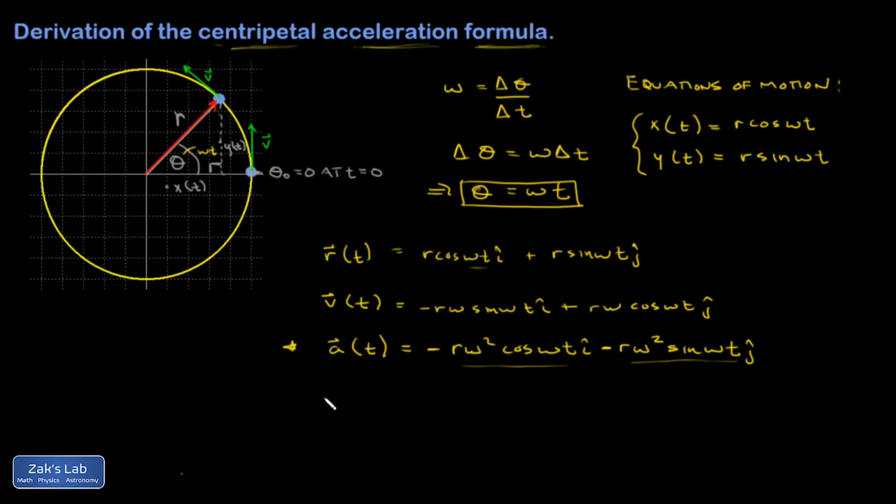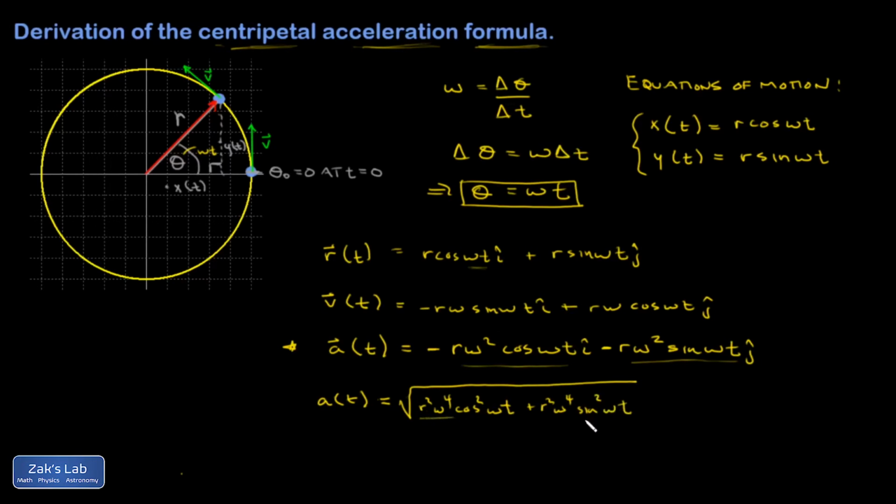So I end up with the magnitude of A as a function of time. There's not going to be any time dependence, but I should write it that way for completeness. And I get r squared omega to the fourth cosine squared omega t plus r squared omega to the fourth sine squared omega t.